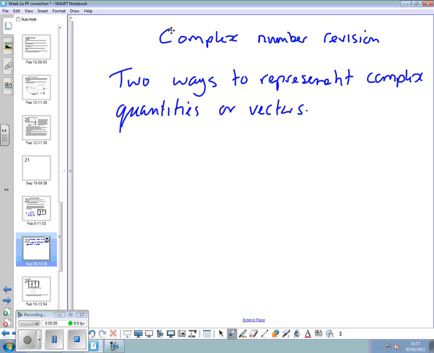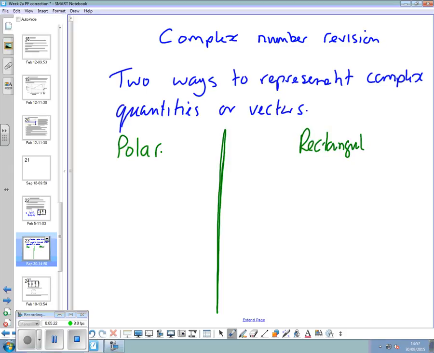I'm going to split the board in two, and over here, polar, and over here, rectangular, or sometimes called by our mathematicians Cartesian.